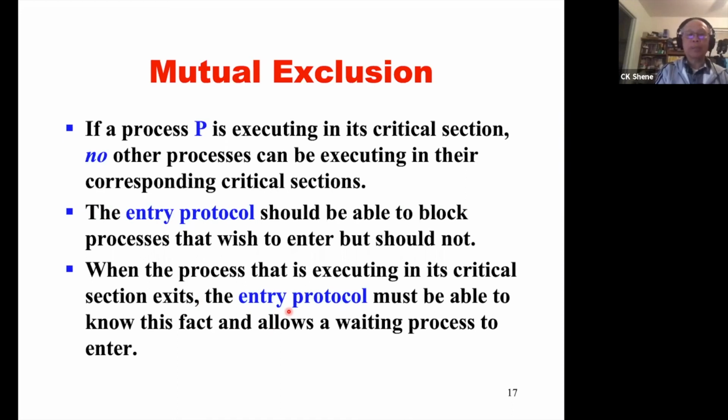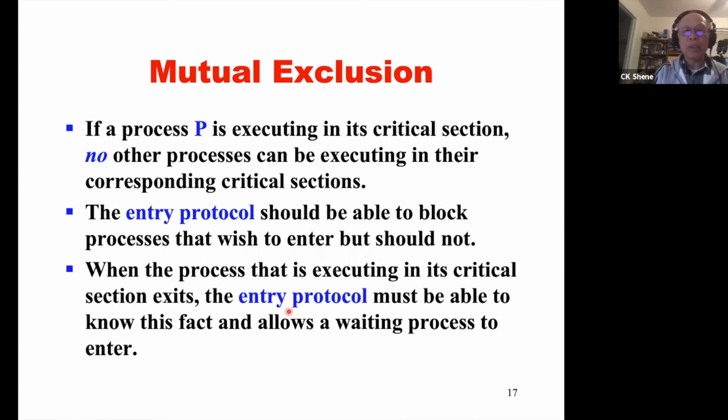Simply put, mutual exclusion is to ensure if a process is in its critical section, no other processes could be in their own critical section with respect to the same shared variable.